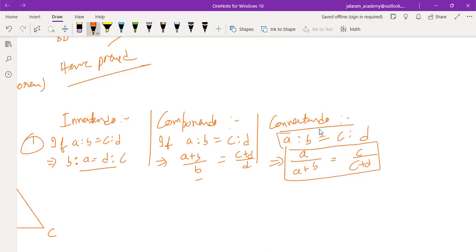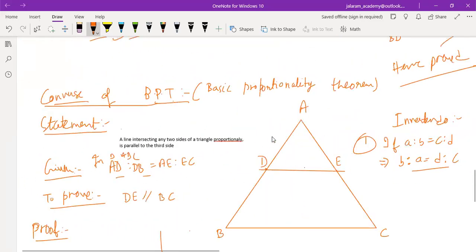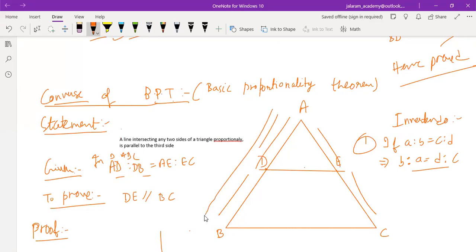So if we use this property, we can easily prove that if AD is to DB equals AE is to EC is given, and we use convertendo, then it makes AD is to AD plus DB, that is AB, equals AE is to AE plus EC, that is AC. So AD is to AB becomes AE is to AC. So we can easily prove that the sides of triangle ADE, AD and AE, are proportional to the sides of triangle ABC, AB and AC.